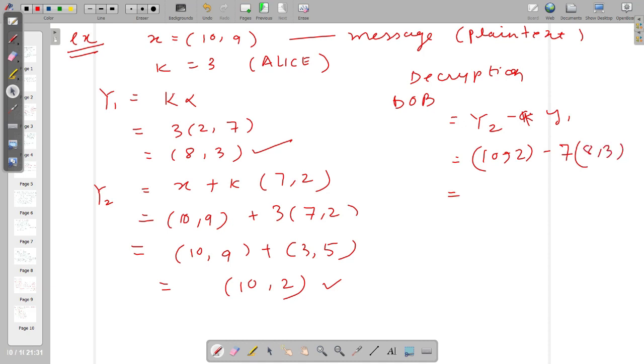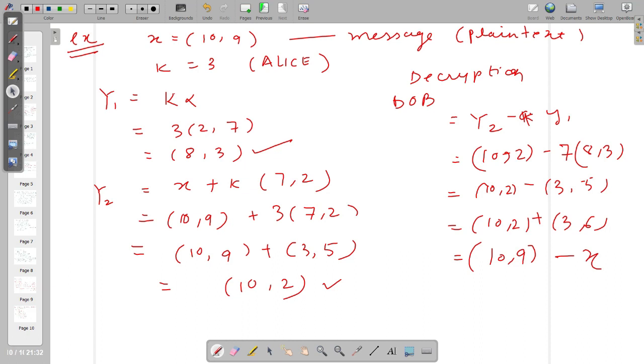So this is going to be 3,5 minus, which comes out to be plus 3,6, and here 10,2. So 10,2 plus 3,6 is equal to 10,9. So here we get the same x. So it is verified.